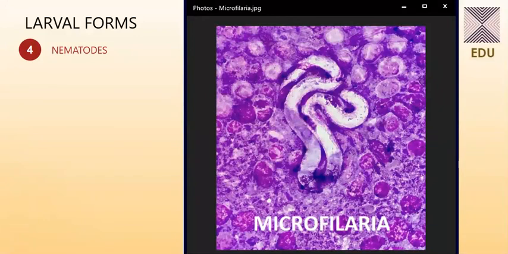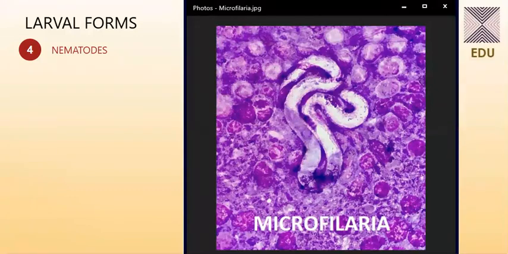In the intermediate host, if we have a vector as an intermediate host, the Microfilariae may develop into the infective larval stages that can be transmitted to a new vertebrate host, as in the case of Plasmodium also. So students, the Microfilariae are present in the bloodstream, and they are given out by the adults which are also present in the host. In this particular slide they are present in the lymph gland of the vertebrate host.